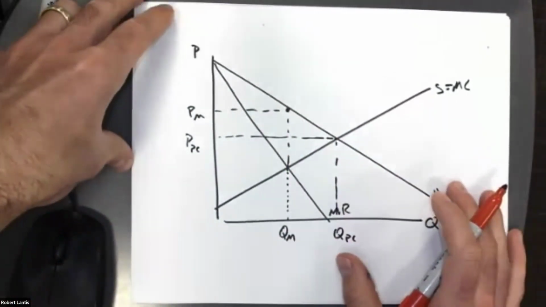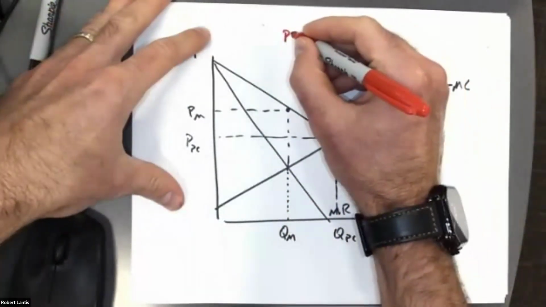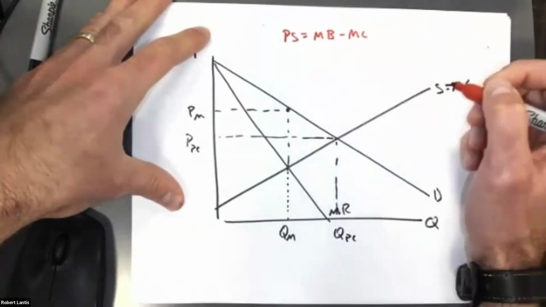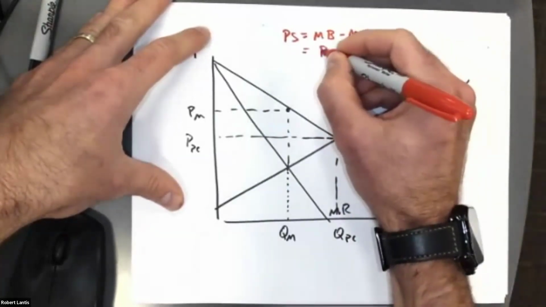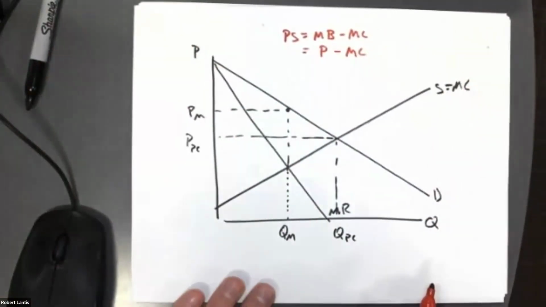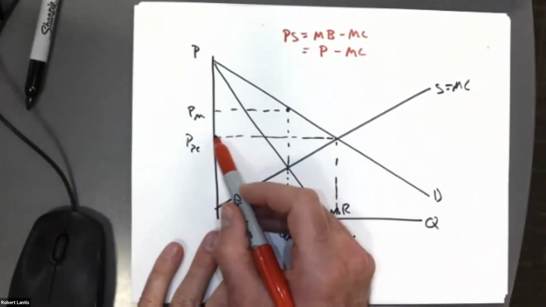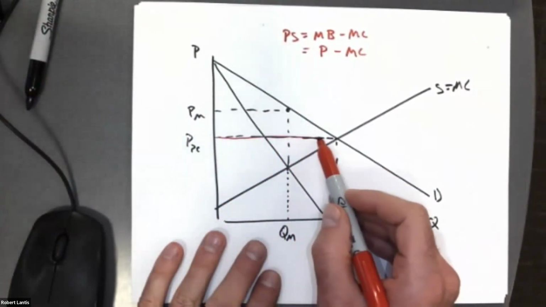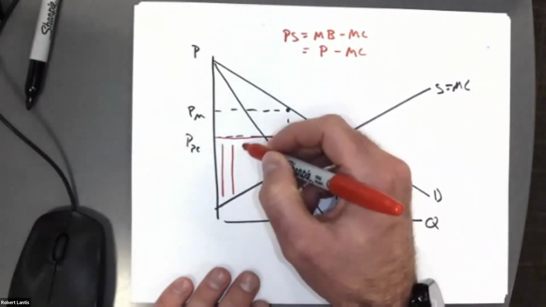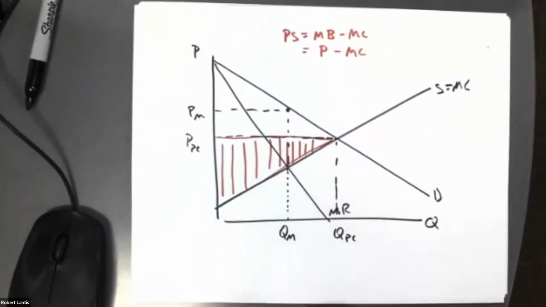and I think it'll kind of help solidify this idea. So if I had a perfectly competitive market, producer surplus is the difference between the marginal benefits and the marginal cost to producers. What is the marginal benefit? That's the price. What's our marginal cost? We kind of have that marginal cost for our supply curve. So for a perfectly competitive market, producer surplus is going to be the area below this price, but above their marginal cost. So producer surplus would be this area here.